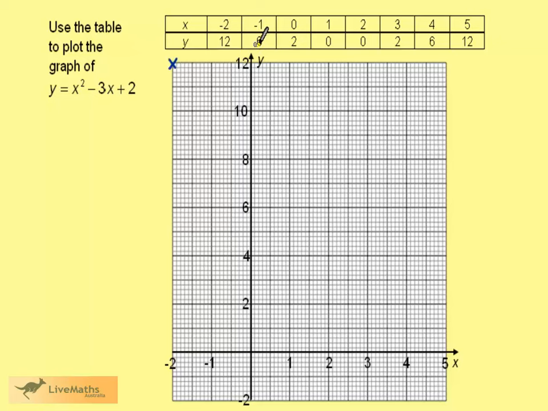Minus 1, 6. 0, 2. 1, 0. 2, 0. 3, 2. 4, 6. And 5, 12.